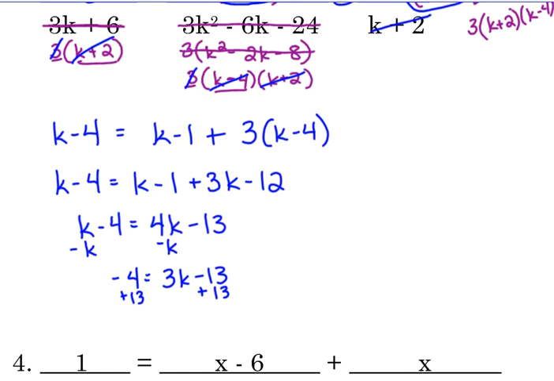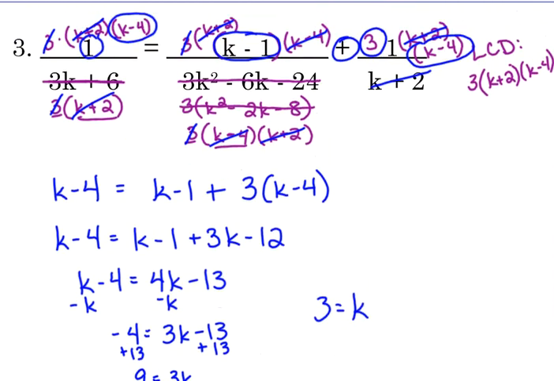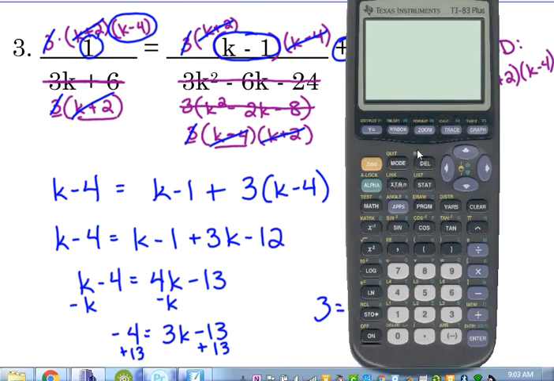Add the 13 to both sides. I don't know what that is, but it's supposed to be a 9. Divide by 3. So we get 3 is equal to k. Do not box that in until you check it.